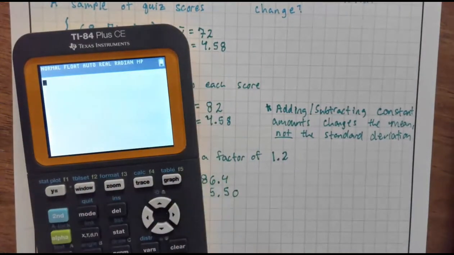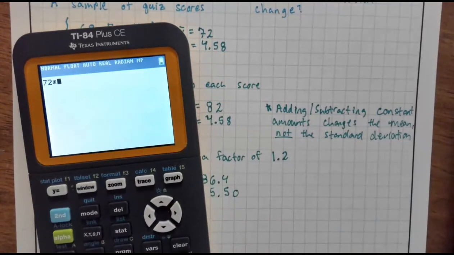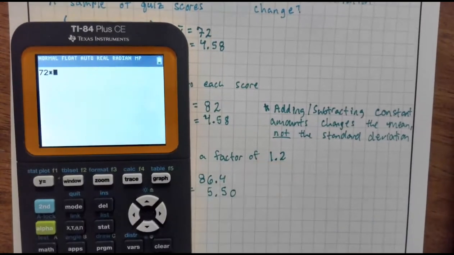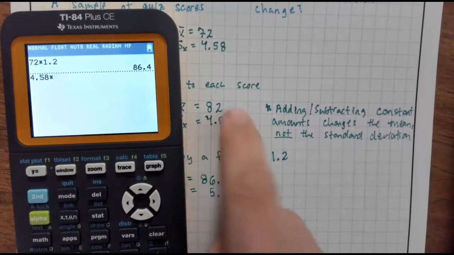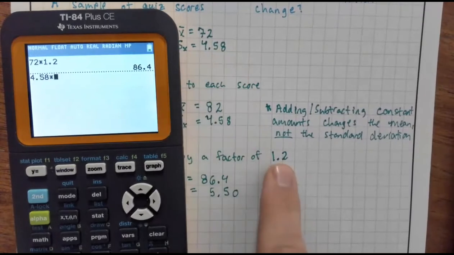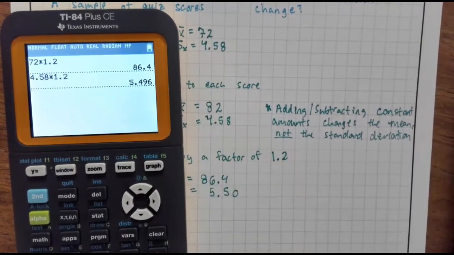If I take the mean of 72 and multiply it by the factor, I get 86.4. Standard deviation might not be exact because I was rounding, but if I take my original standard deviation, 4.58, and multiply by the scale factor of 1.2, I get something pretty close to 5.50.